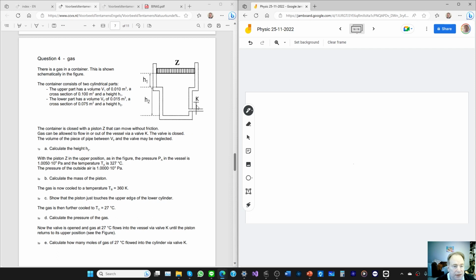And there is a valve A, which is closed. The volume of the piece of pipe between volume 2 and the valve may be neglected. Calculate the height h2. So that's the height of volume 2.